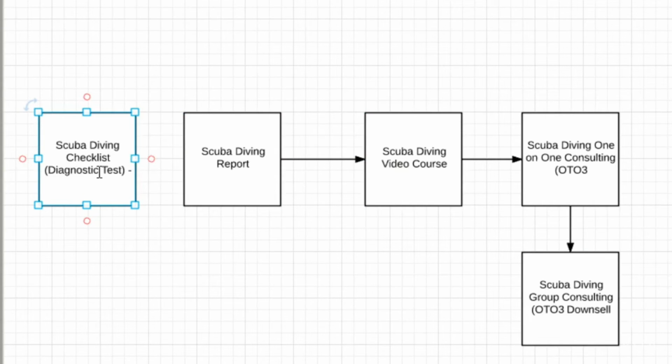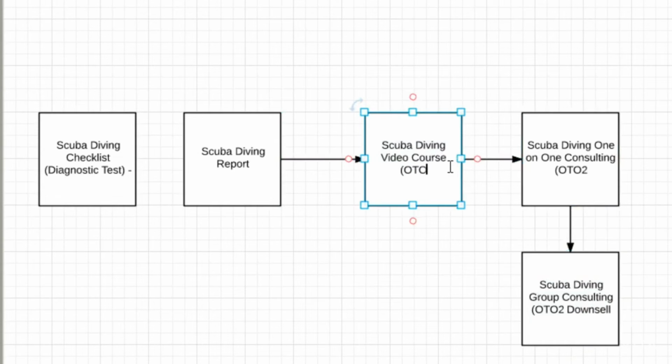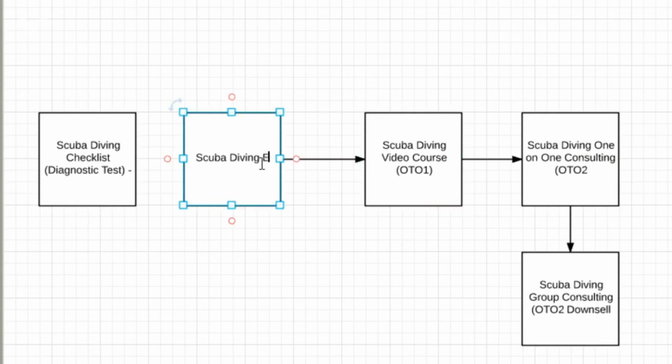So let's see, OTO 3, 2, 1, front end offer. So I'm going to actually do just OTO 2 because in this case we could solve their problems via this. So we're going to do OTO 1. We're going to do, actually instead of a report, an ebook.